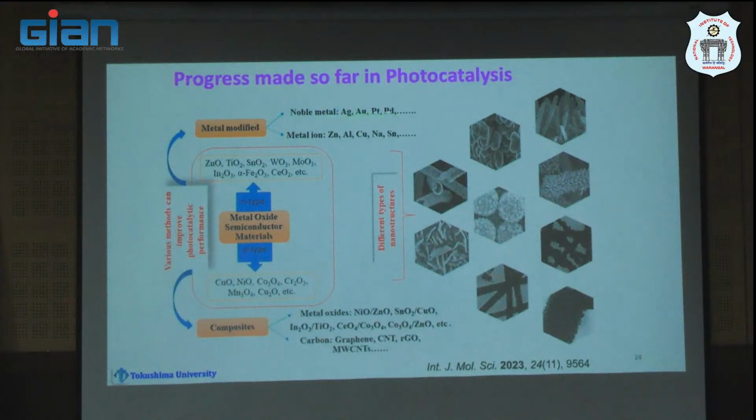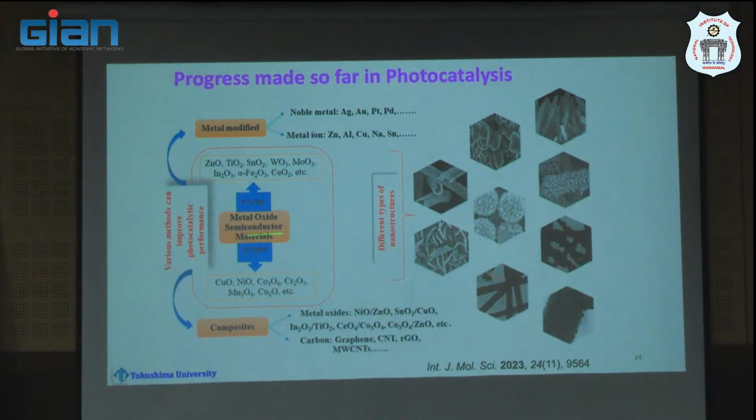Metals, these are the noble metals, Ag, Au, platinum, palladium, and these are metal ions, zinc, aluminum, copper, and so on. And other oxides like zinc oxide, TiO2, SnO2, these are various combinations of N-type and P-type metal oxides that can combine with these metals or metal ions.